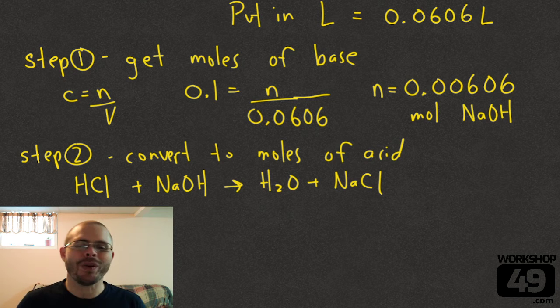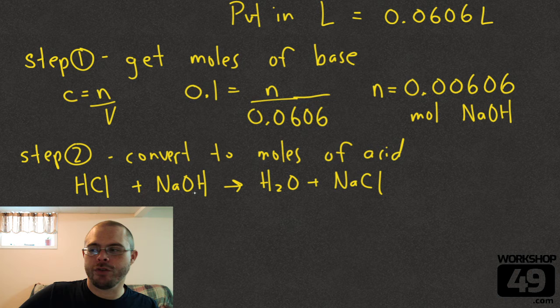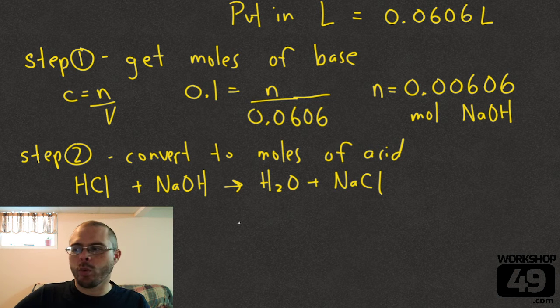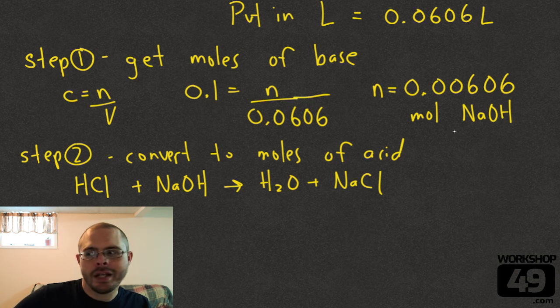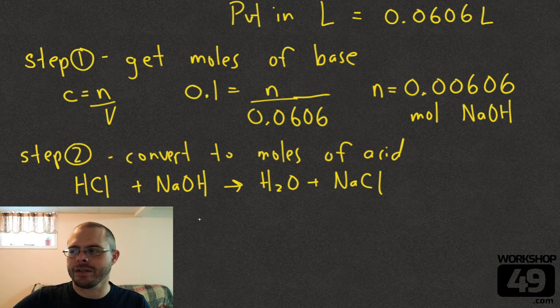And hopefully everyone out there already knew that hydrochloric acid and sodium hydroxide react in a 1-to-1 ratio, which means if I convert moles of sodium hydroxide into moles of hydrochloric acid, it's going to be 1-to-1, but I'm going to show my work.